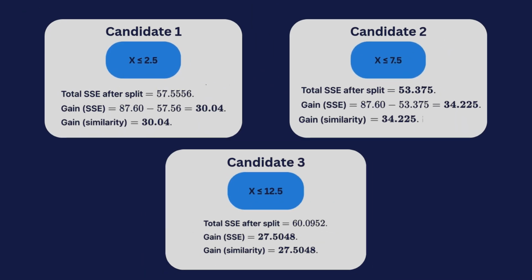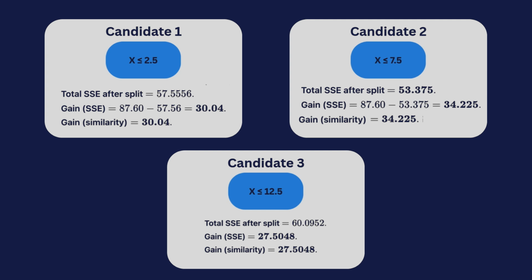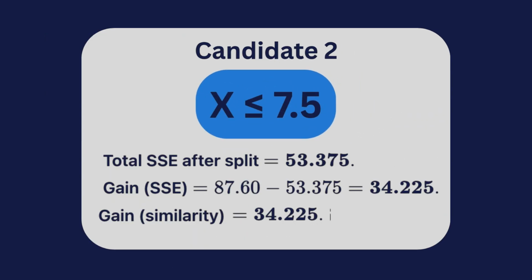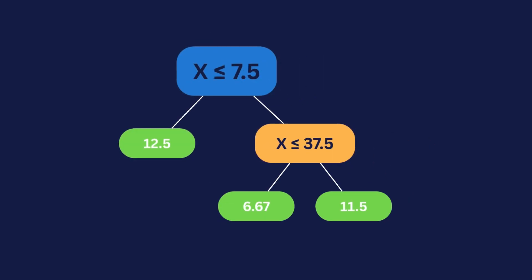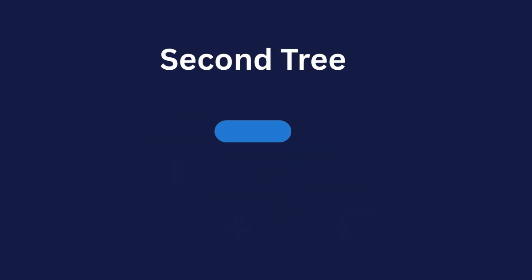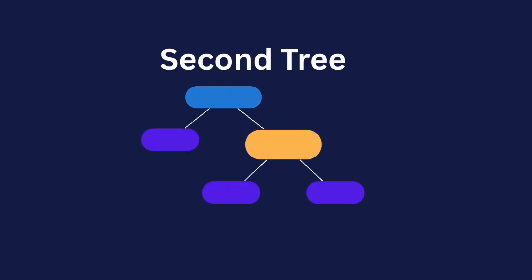Then we tested candidate splits and found that the best root split was at 7.5. After that, the right child was split again at 37.5, giving us a depth 2 tree. So now we already have the first trained tree, and because XGBoost is a sequence of trees, we'll also use the next tree that was trained to correct what the first tree still got wrong.